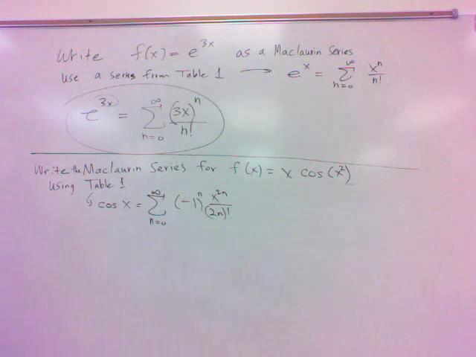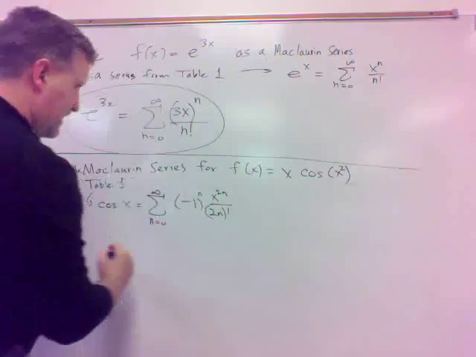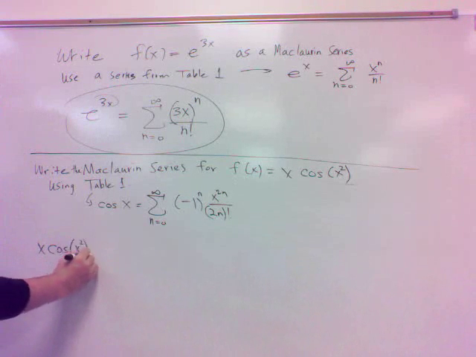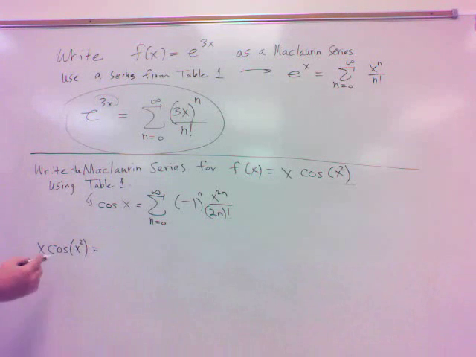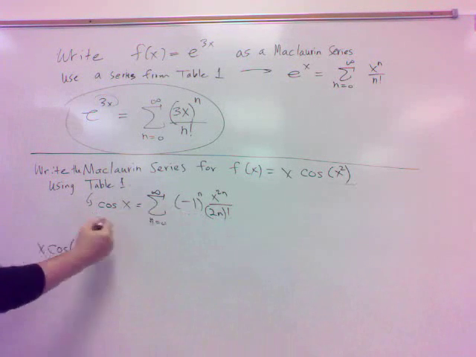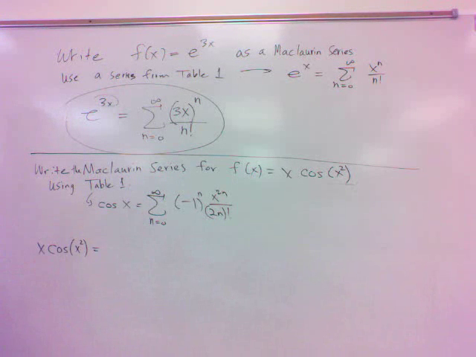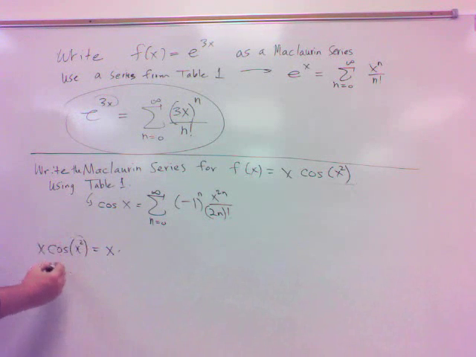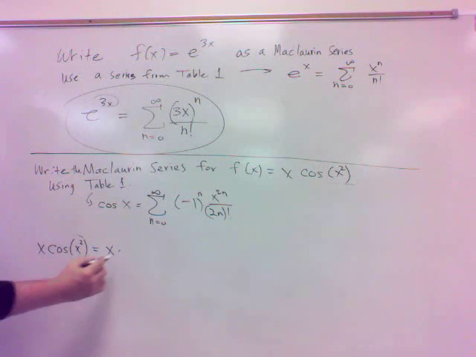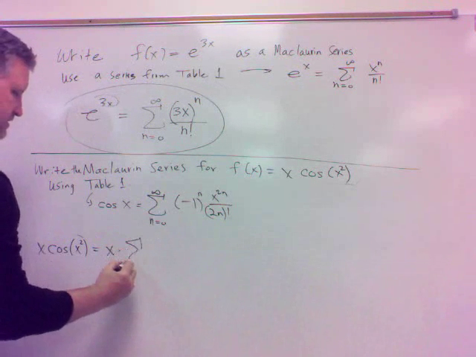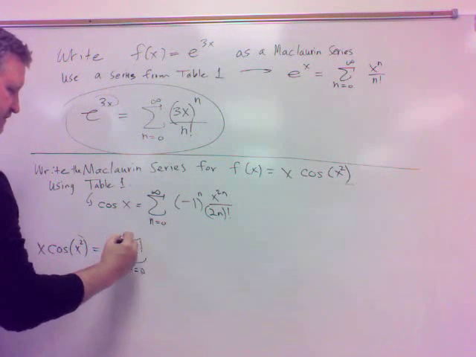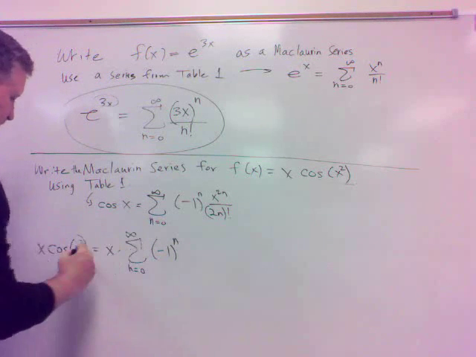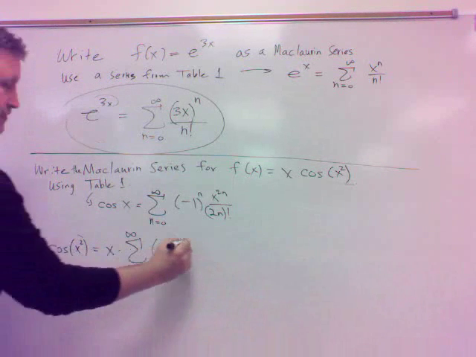So how do I use that here? Well, in this case, I want x cosine of x squared. And so I can use this power series to replace this. So it's going to be x times, well, instead of x, I've got x squared. So the series is going to be n equals 0 to infinity, negative 1 to the n, and so instead of x, I've got x squared.